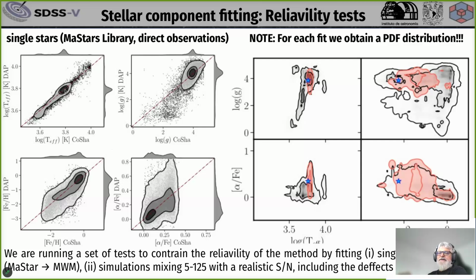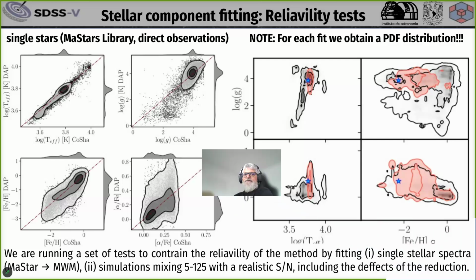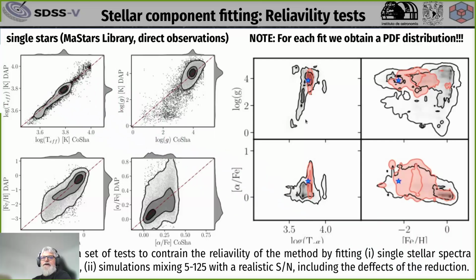So this is the distribution functions for the entire RCCP that is fit: the logarithm versus temperature, gravity versus temperature, alpha enhancement versus temperature, alpha enhancement versus metallicity, and gravity versus metallicity. These two projections in general people don't use them, but okay, I prefer to show all of them. And normally this is shown inverted, another detail that is not that relevant.